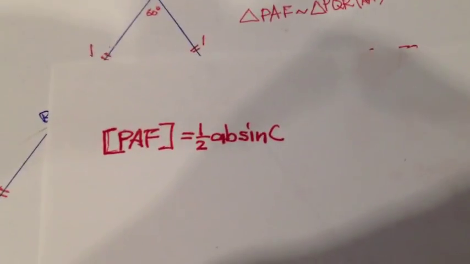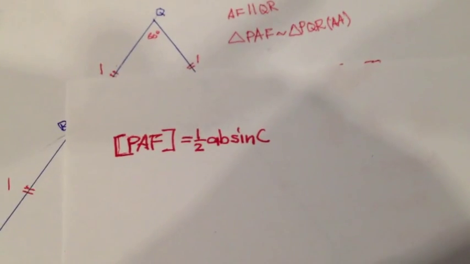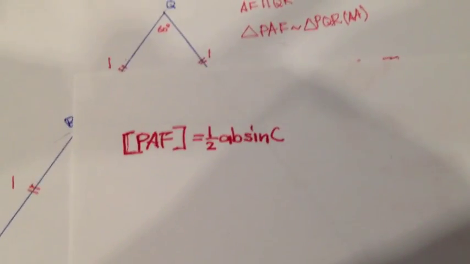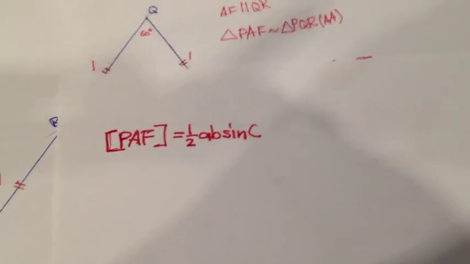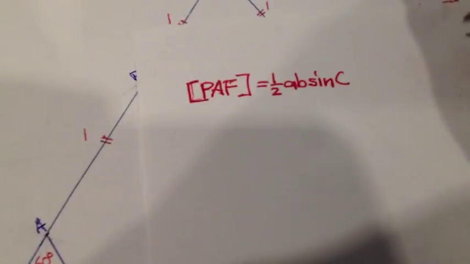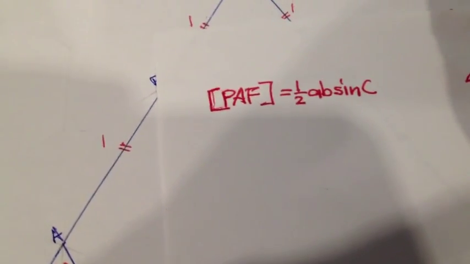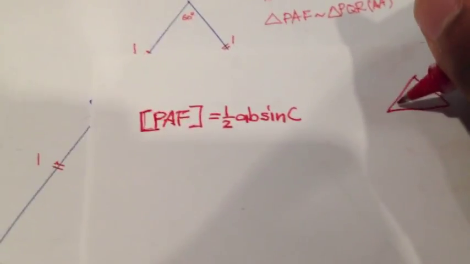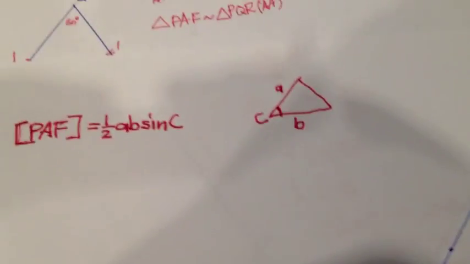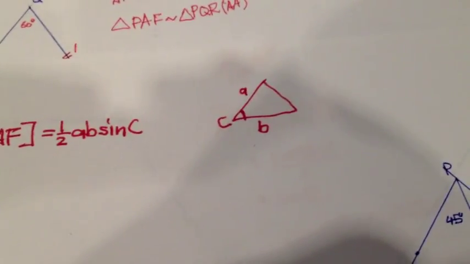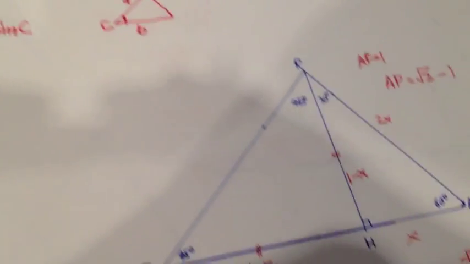So now what I have here is a well-known equation that is used to calculate the area of a triangle, and that's 1/2 AB sine C. So if you have a triangle with angle C, so let's say this is C, and you have sides A and B, you'll be able to calculate the area of that triangle because you have all the information you need.